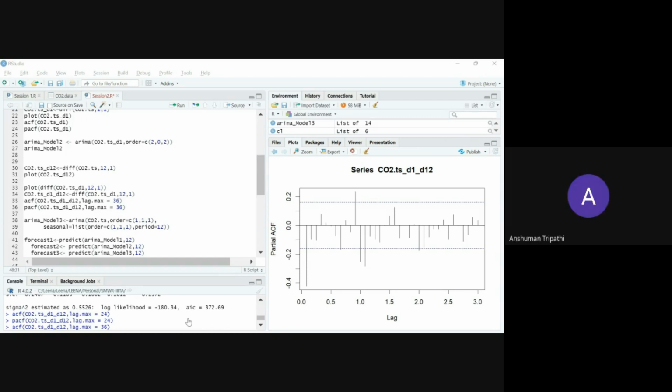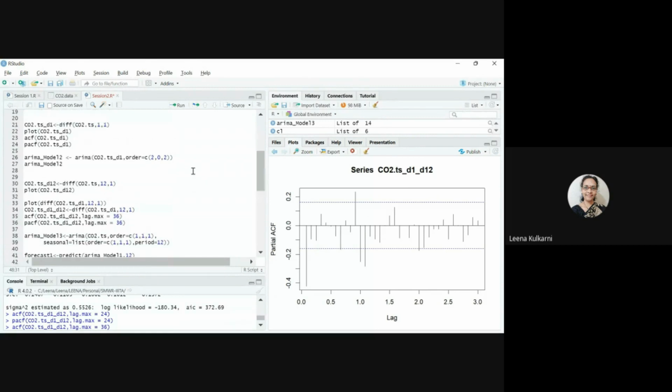Ma'am, I think co2.ts underscore d1 is missing. On applying this last command, it's saying co2.ts underscore d1 is not found. Okay, so it is the first order difference that you will have to execute.